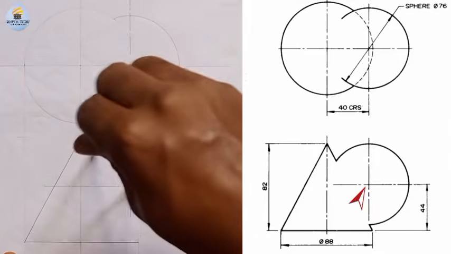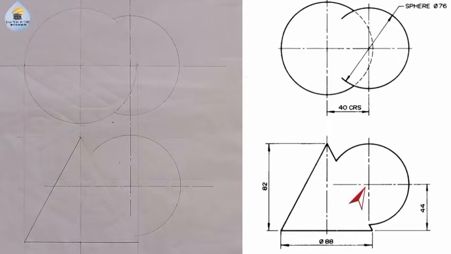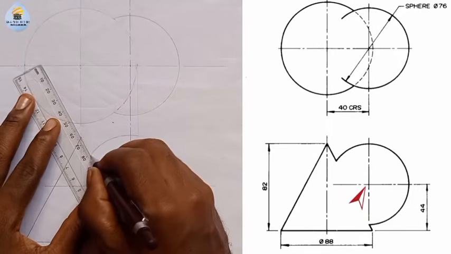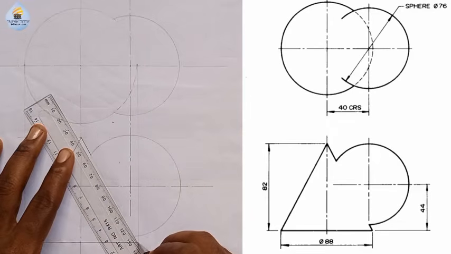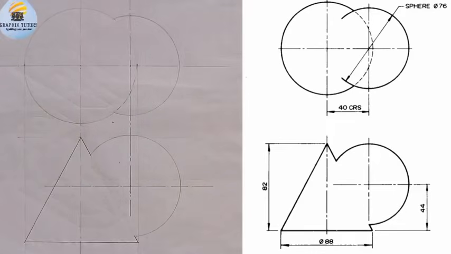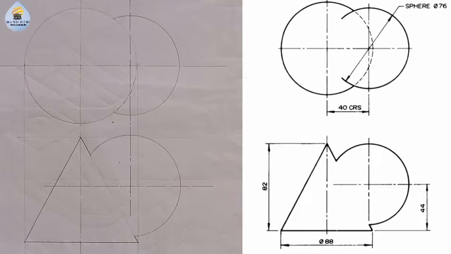So from here to here will be thickened, and from here to here will be thickened. Right? So I have successfully reproduced the shape that I have.